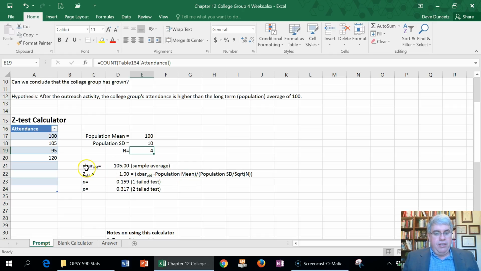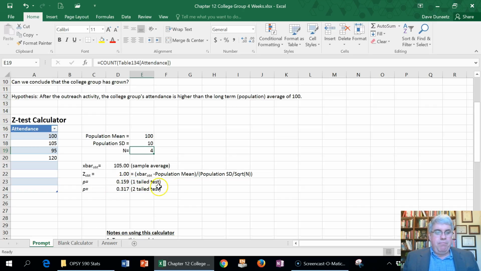First of all, it calculated the new X bar, the average, and it's 105. So the average attendance for these 4 Sundays was 105. We want to know if we can be sure that's different than what we would get if the group had stayed the same. Well, our z is 1, and our p-value, we want that to be low to show that it didn't happen by chance.